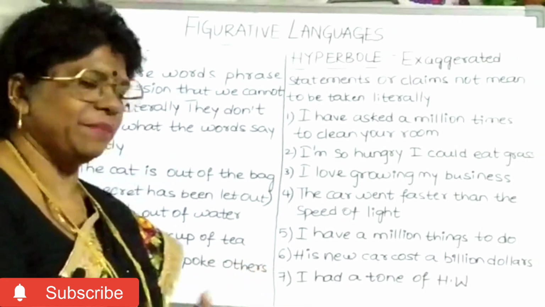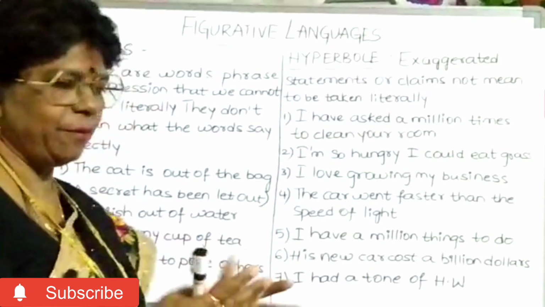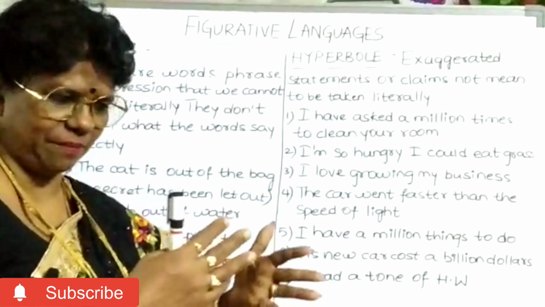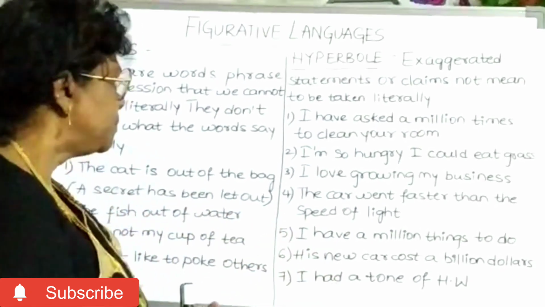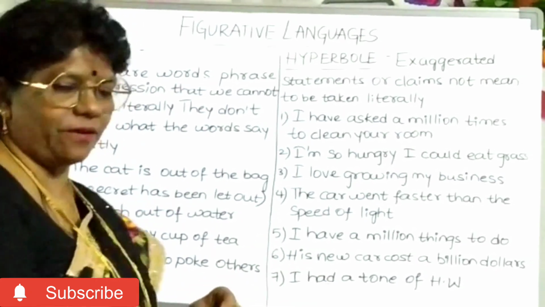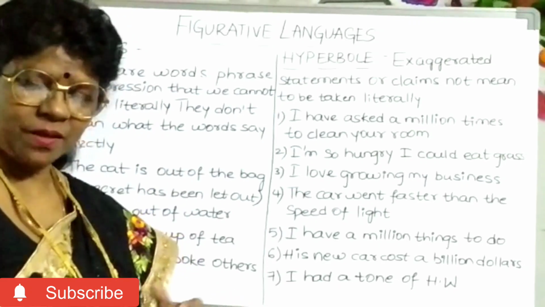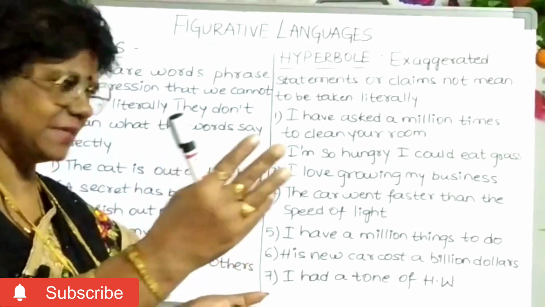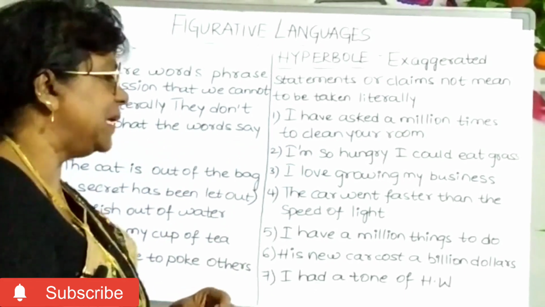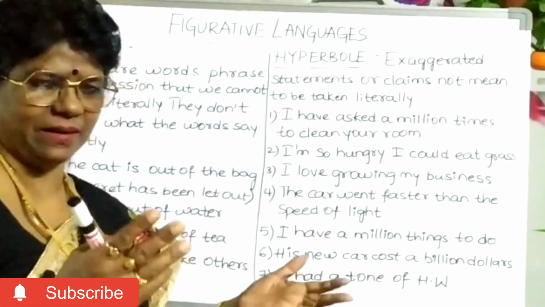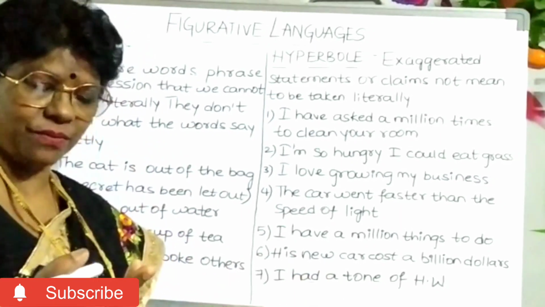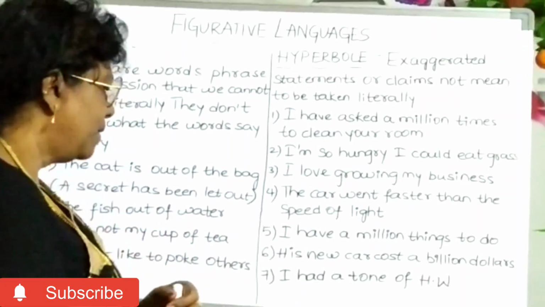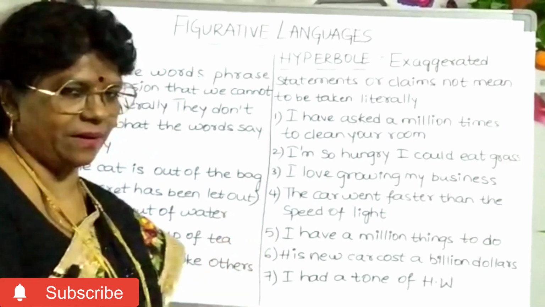I love growing my business. Is business a plant or something? It means the growth of that business. The car went faster than the speed of light. Is that possible? Will any car move like that? So it was exaggeration. I have a million things to do. People have 100 or 1,000 things. Can a human being do a million? His new car cost $1 billion.